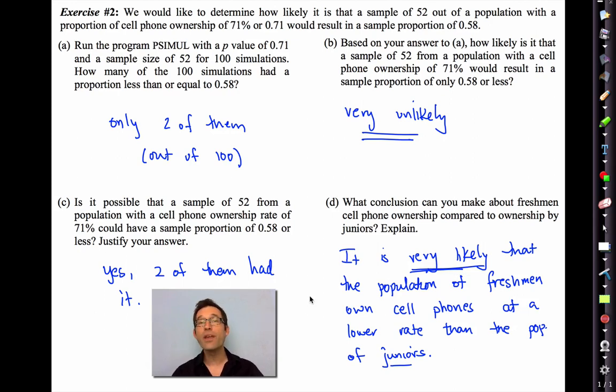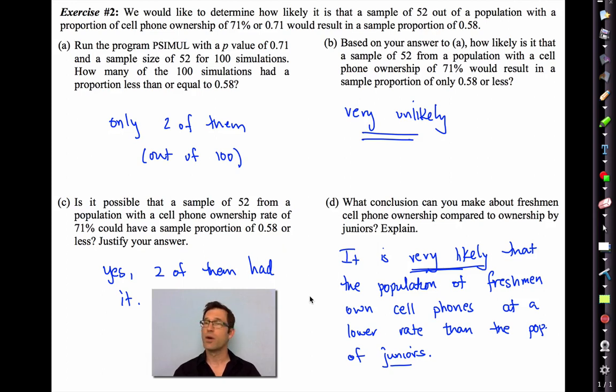Very likely. You could really kind of quantify that. You could say there's only a 2% chance, according to our simulation, that freshmen own at an equal or greater rate than juniors. Again, there's a chance they own it at the same rate. It's a chance that juniors own it at a 71% rate, and so do freshmen.